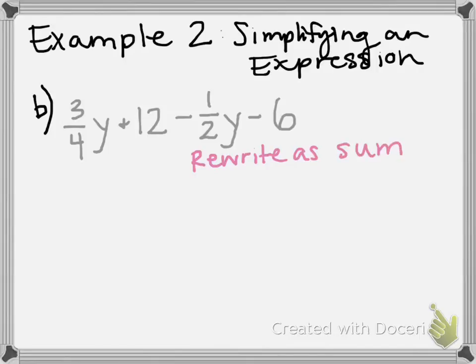So please, class, help me identify those subtractions going on. 3/4 y plus 12, nope, not going to touch that, minus 1/2 y, so I'm going to popcorn, minus 6, popcorn. Very good. Now go ahead and rewrite that. 3/4 y plus 12 plus negative 1/2 y plus negative 6.